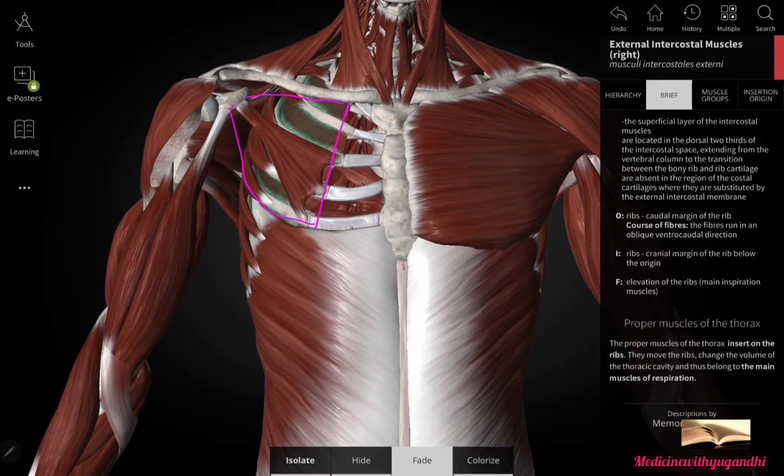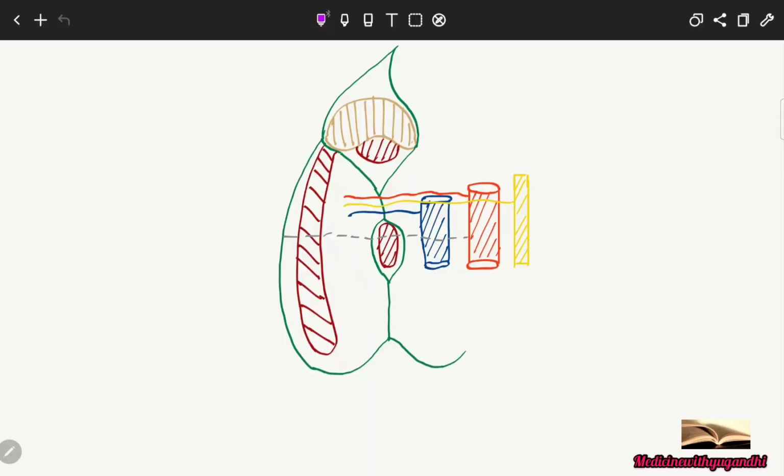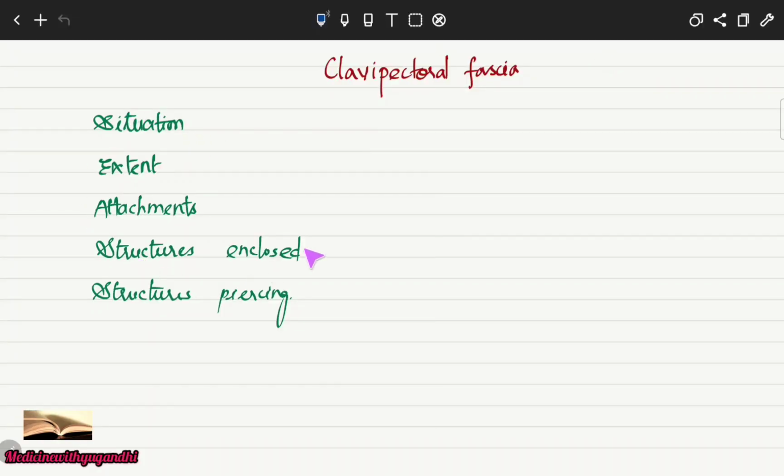It is attached in such a way that it encloses the whole length of the pectoralis minor muscle. So this is the attachment of the clavipectoral fascia. We have completed the first four topics, that is the situation, extent, attachments and structures enclosed. The last topic we are going to see is the structures piercing the clavipectoral fascia.